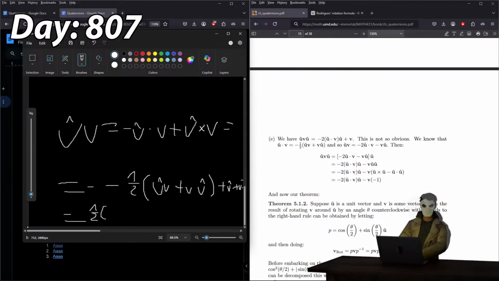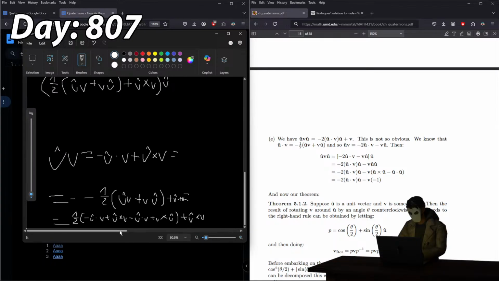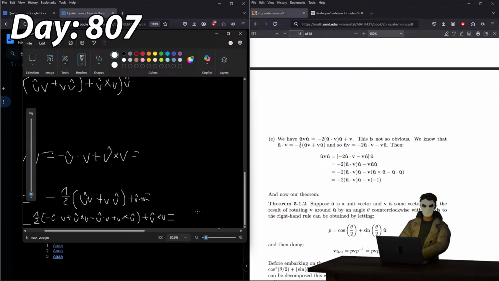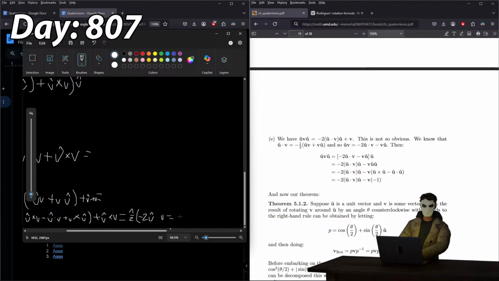And then this one, we can repeat the process on it, which means negative u dot v plus u cross v, and then minus u dot v plus u plus v cross u, and then all of this closed up, plus v plus u cross v, and then this is equal to, right here we have a minus and a minus, which means 1 half of 2 minus 2 u dot v plus, and these two cancel out, which means we can just close this, which means we can extract it, and which means we can get u dot v.